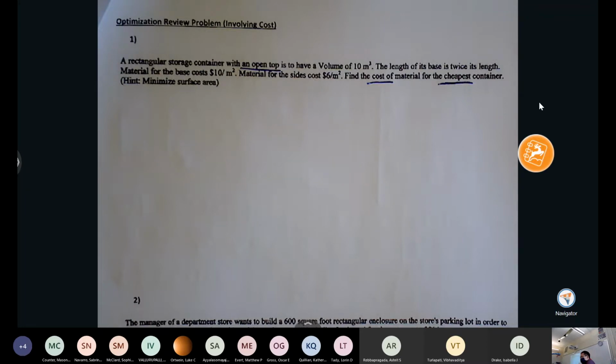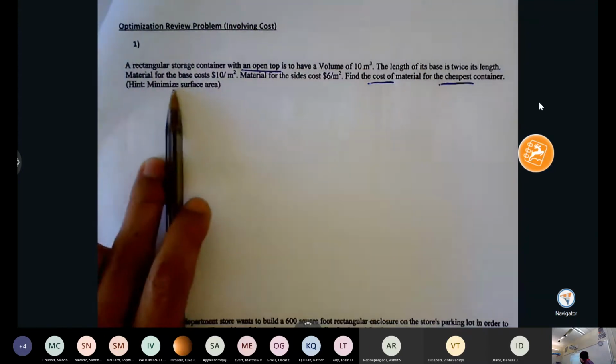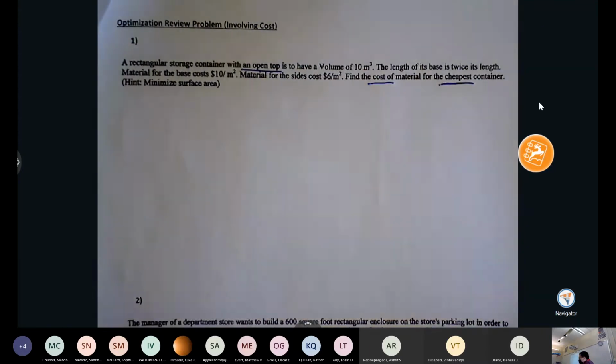And the box is going to be made up of surface area. So that's what we're going to be focused on, surface area, and then we can merge the cost information into the surface area, right? Because it's the material that's going to cost money. It's not the volume that's costing money. It's the material that we're using to build the outside of the box or the container that's costing money.